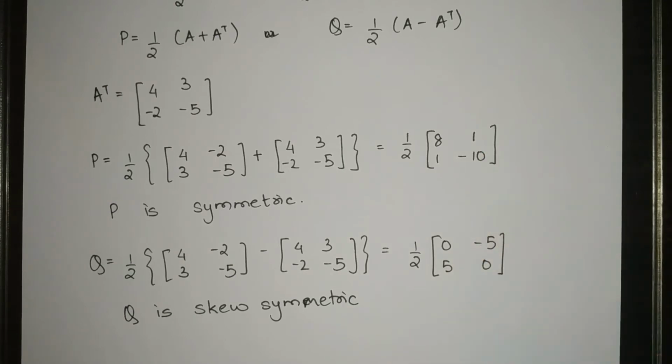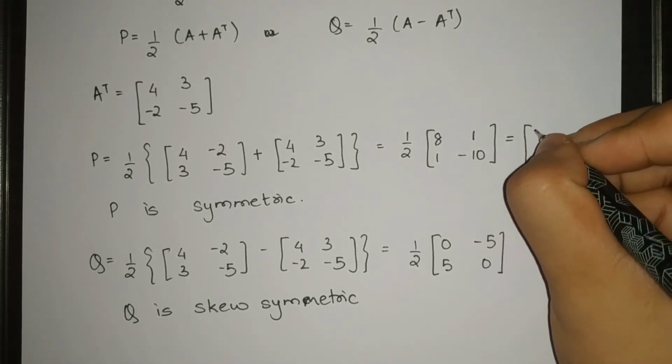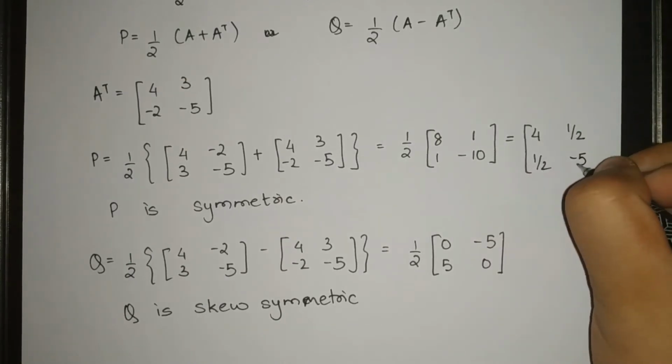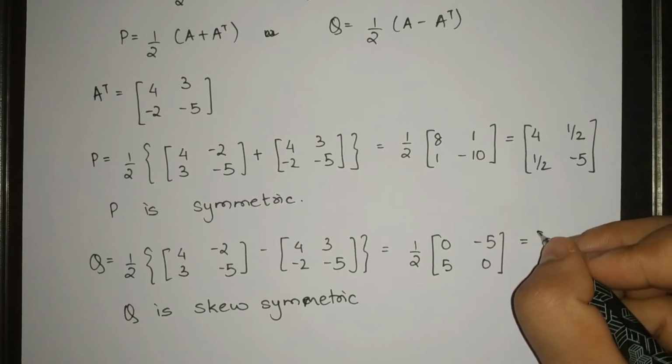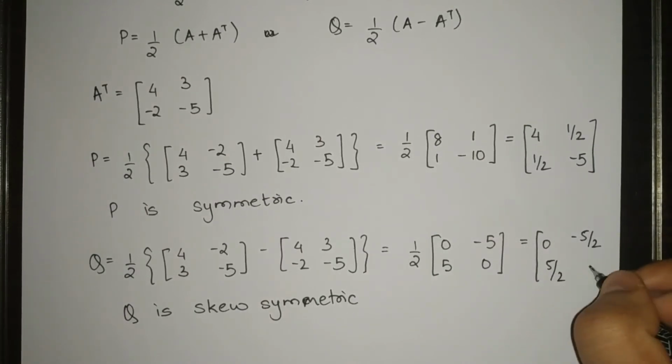So therefore this is skew symmetric. तो इसको ना हम और simplify करके भी वो half को अंदर लेके जा सकते हैं. We can write this as 4, half and -5 and इसमें भी हम कर सकते हैं. So we will get 0, -5/2, 5/2 and 0.